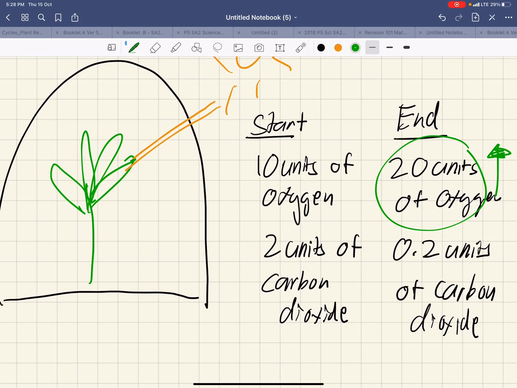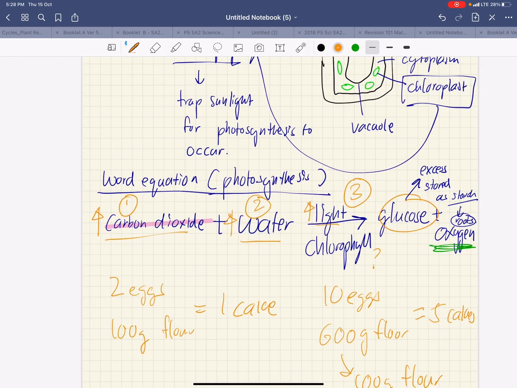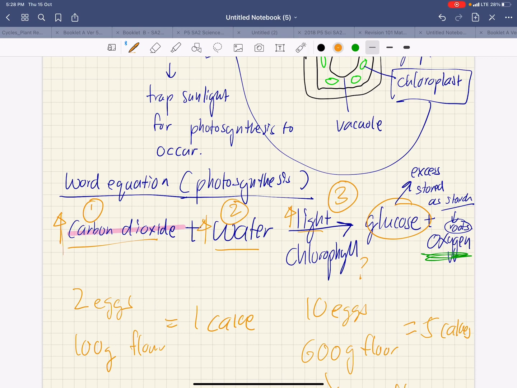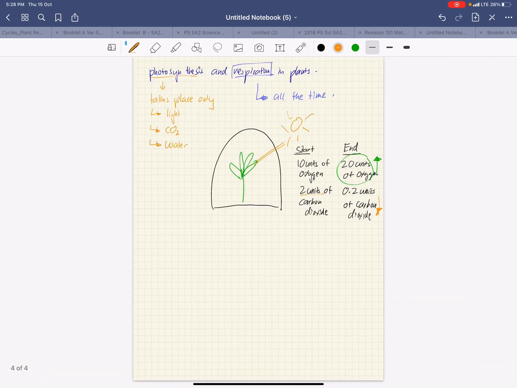At the same time, they also realized that your carbon dioxide has dropped. As compared to the initial 2 units, it has dropped to 0.2. This is also consistent with carbon dioxide being used up for photosynthesis, hence there is a drop. Now, the case is not that simple.